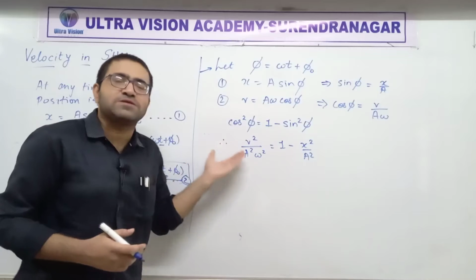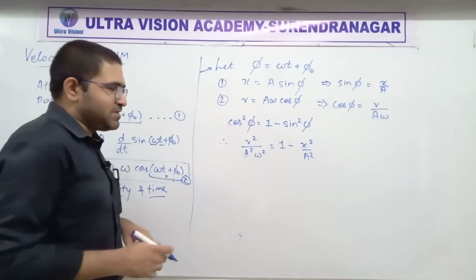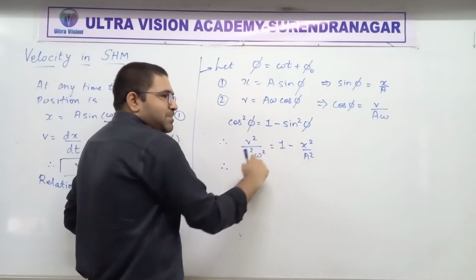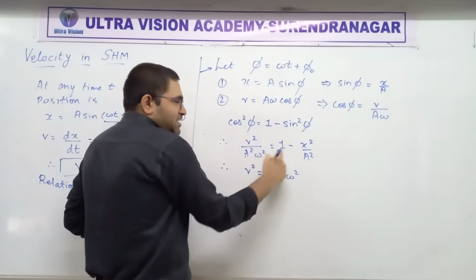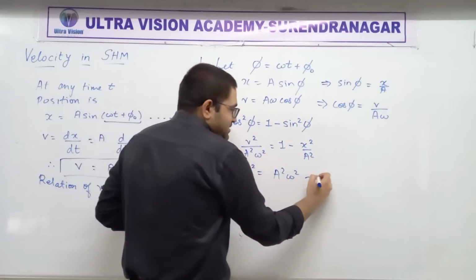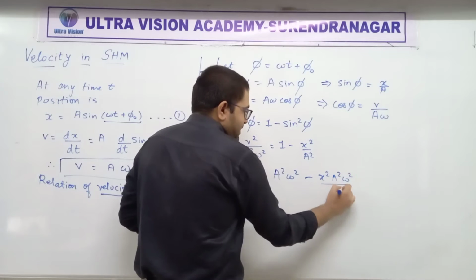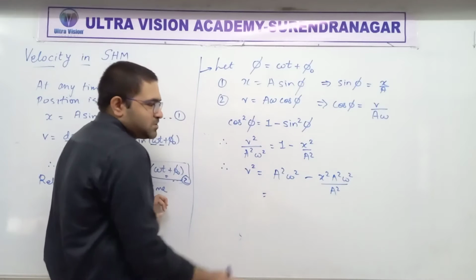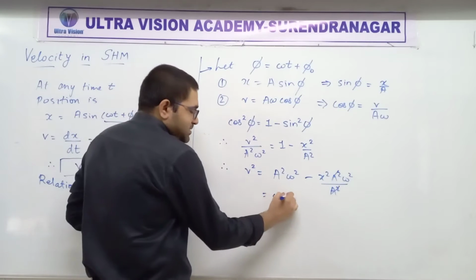You see there is no t in this equation. There is x though. Let's simplify this a little bit further. So v square equal to, I'm going to multiply a square omega square on that side. So 1 into a square omega square is a square omega square, minus x square a square omega square upon a square. The a square is cancelled, and then what we have common is omega square.